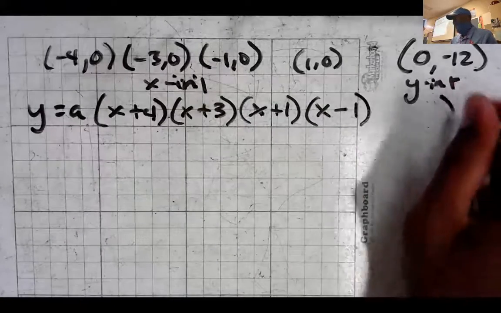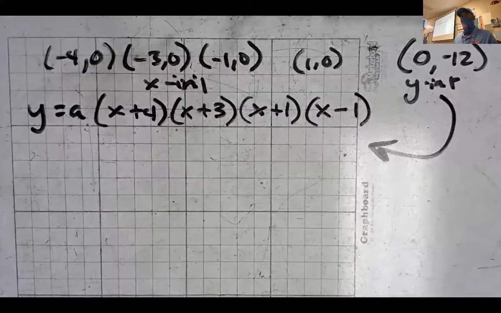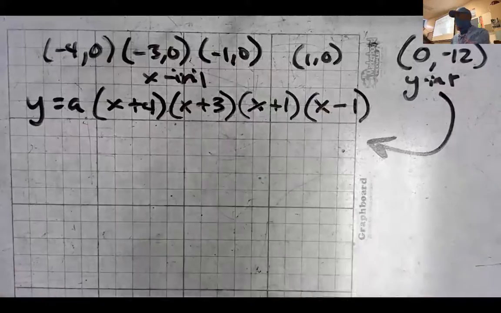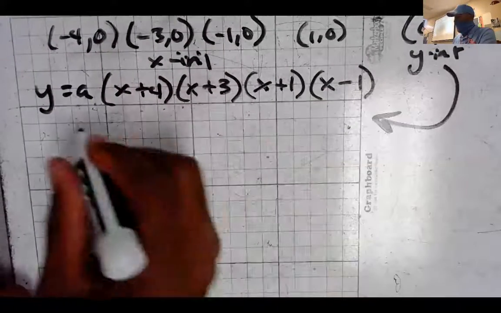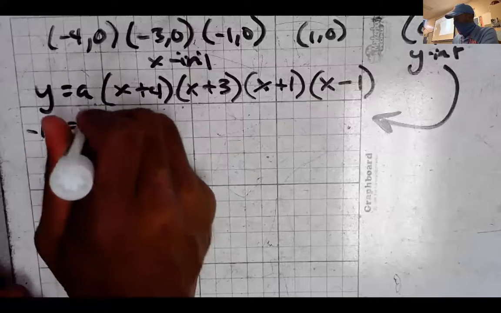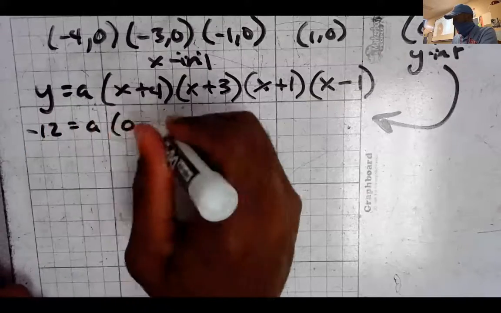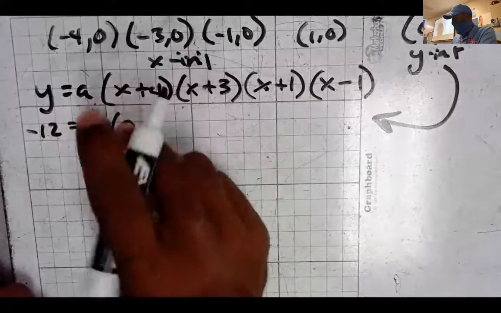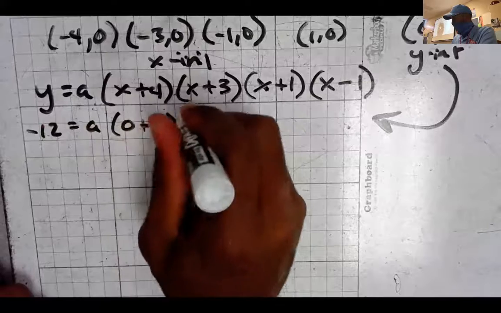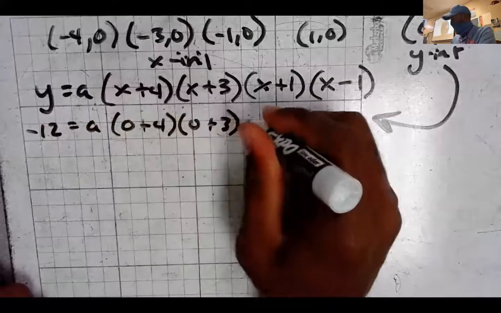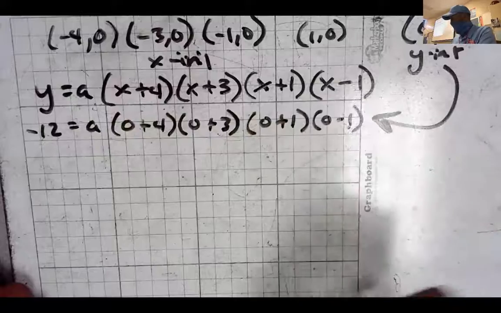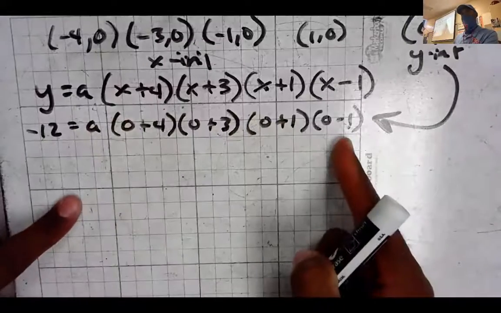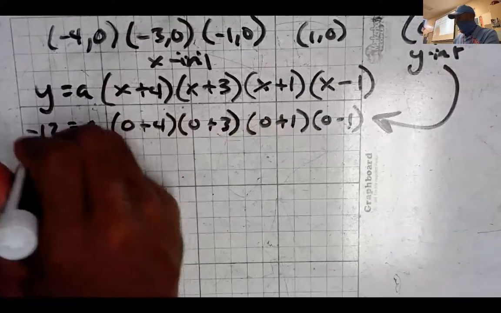Now we have to take this and plug it into the equation. Okay, so now I'm gonna plug in the -12 over here. And 0 goes in for x for all of these. Okay, so now I just got to basically take away 0 because 0 plus those numbers is just the numbers themselves.